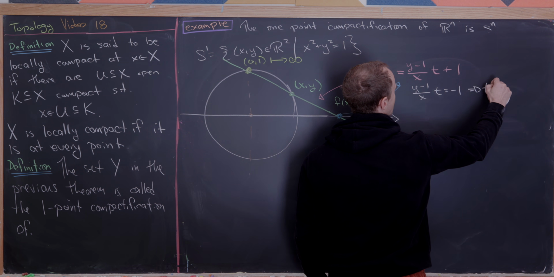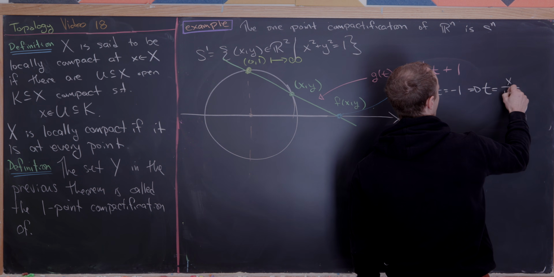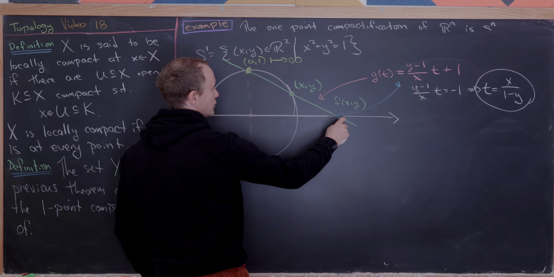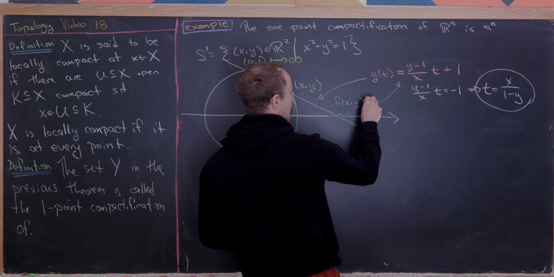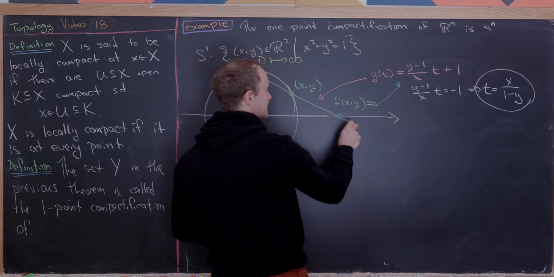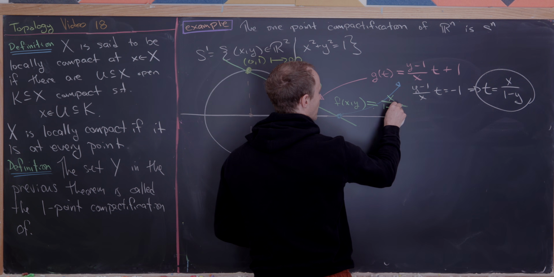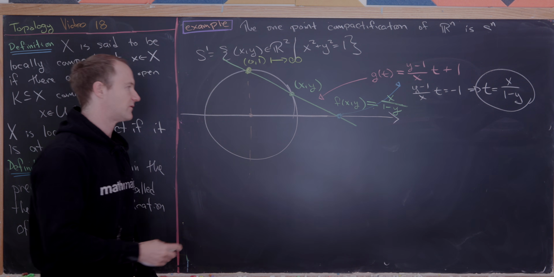But we can pretty quickly solve for t here and see that that's going to be x over 1 minus y. So that's the value right here.